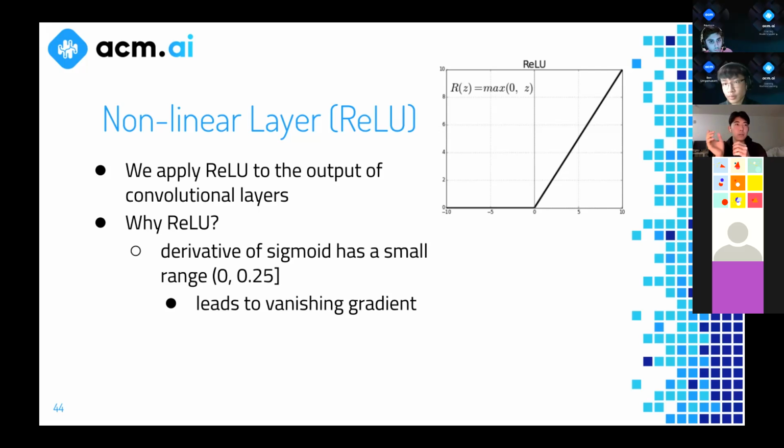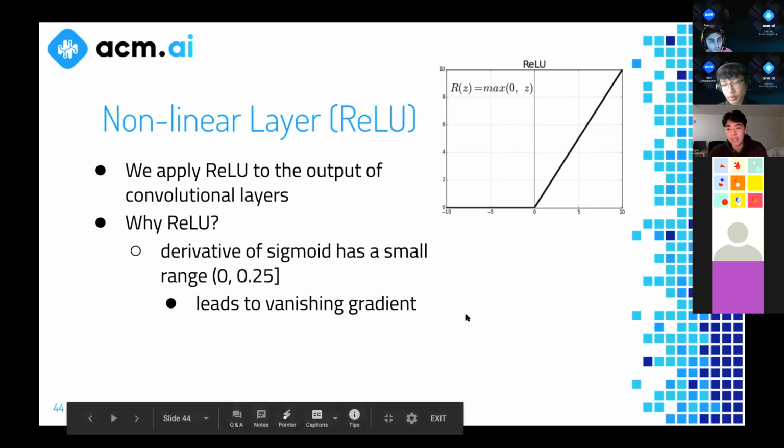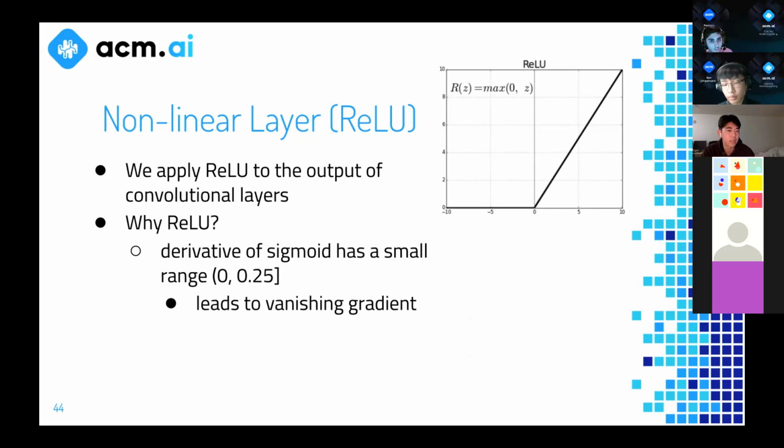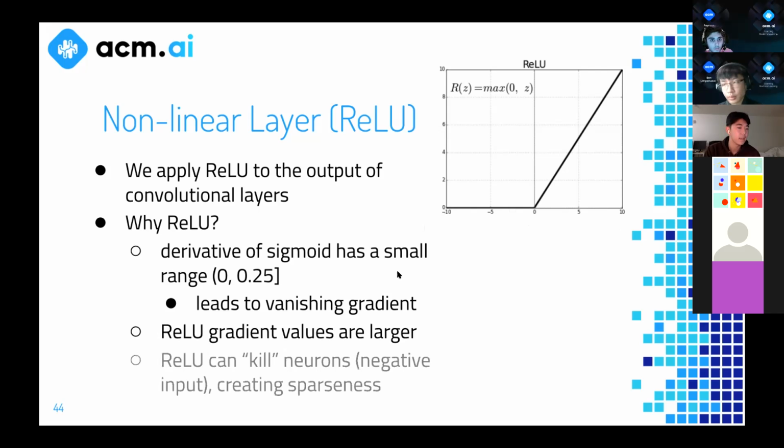So we'll be essentially multiplying a lot of small numbers together. This can even lead to our gradient being a 0 value, so it can lead to us not updating our weights at all, which is obviously something we don't want if we're suboptimal. So by using ReLU, we have a gradient value that is definitely larger than the sigmoid, and it's also constant on the positive domain.